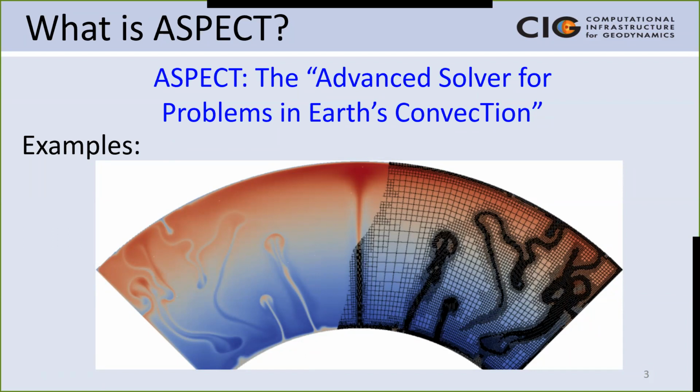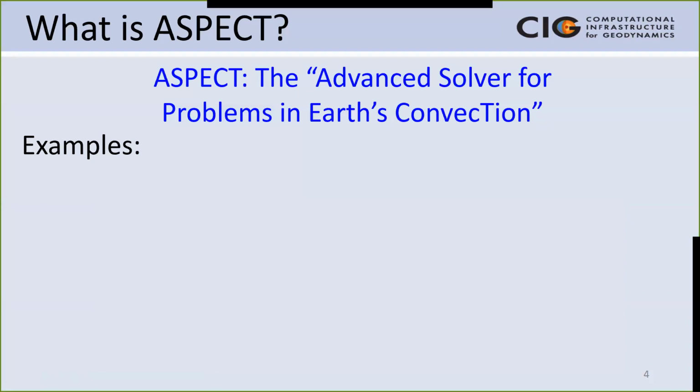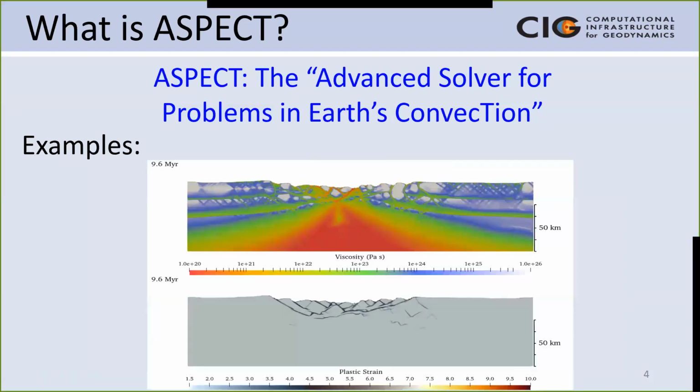But then I mentioned that Aspect is also used for tectonics problems today, and so here's the slide that I have from John Naliboff, who I'm sure is going to talk about similar things later this week. That corresponds to a problem where you have extension.